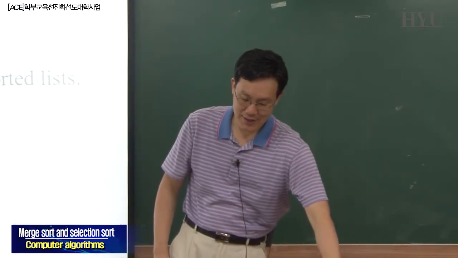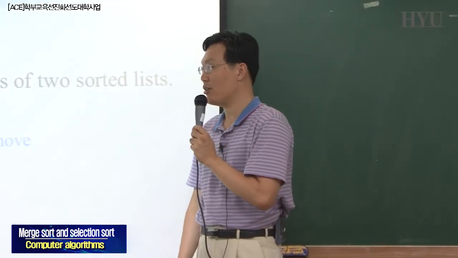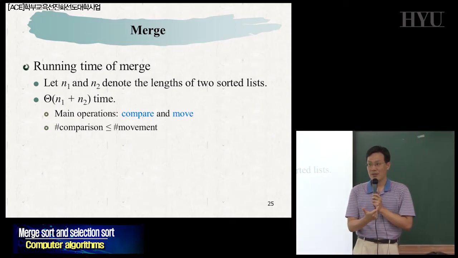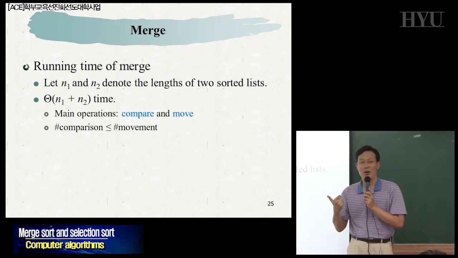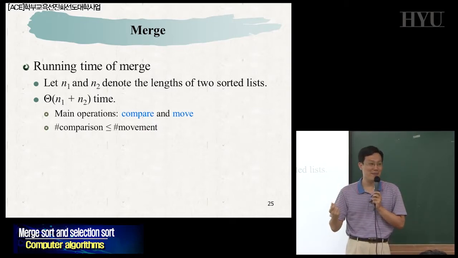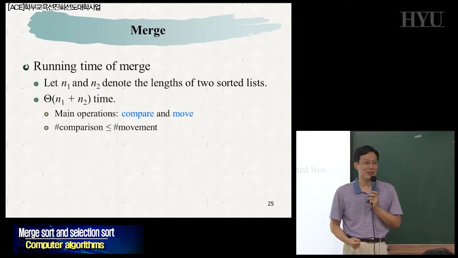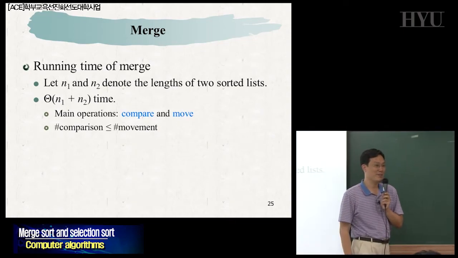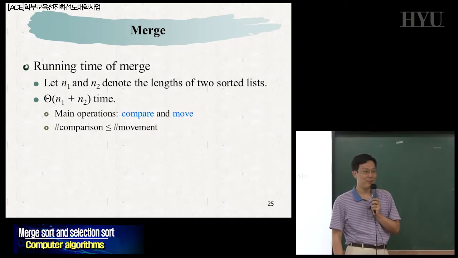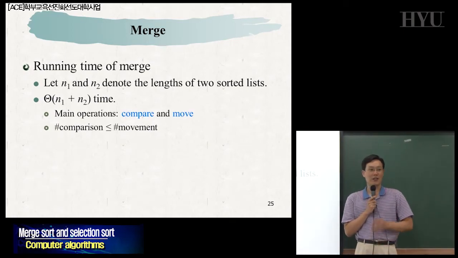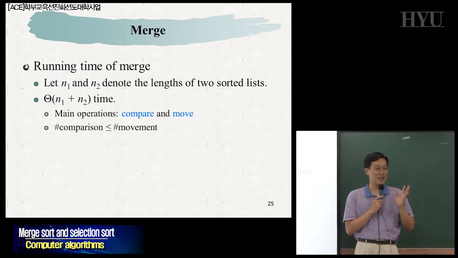Okay, that's not bad, but a simple explanation can be like this. Every comparison is followed by a movement. If we compare two keys, then one of them should be moved. So this inequality is satisfied. And obviously, the number of movements is n1 plus n2.